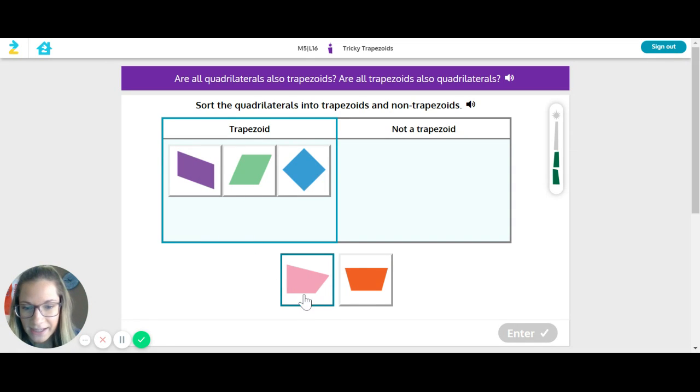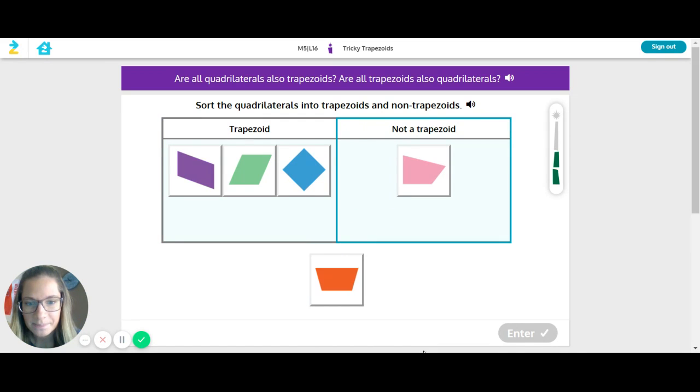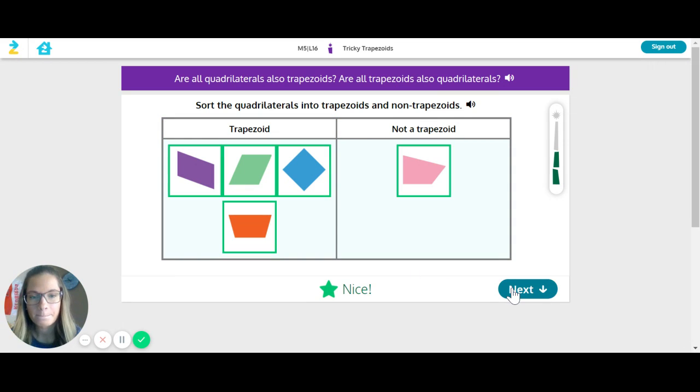Okay, right here, I do have four sides, but none of the sides have a parallel line, so not a trapezoid. Okay, then this one, four sides, and the top and bottom are parallel. This is a trapezoid.